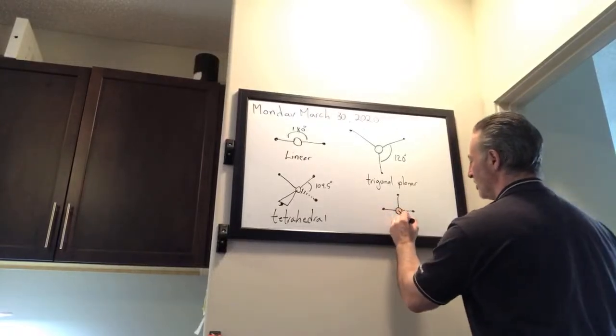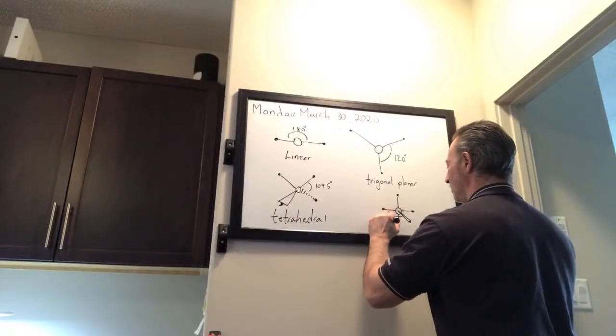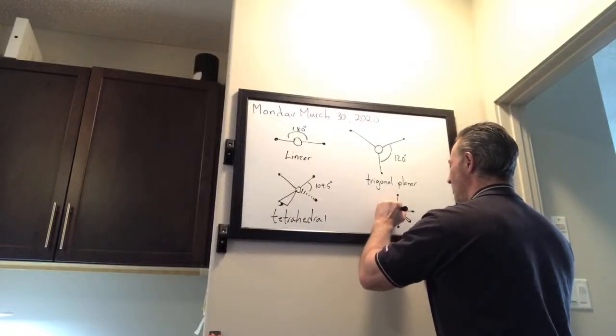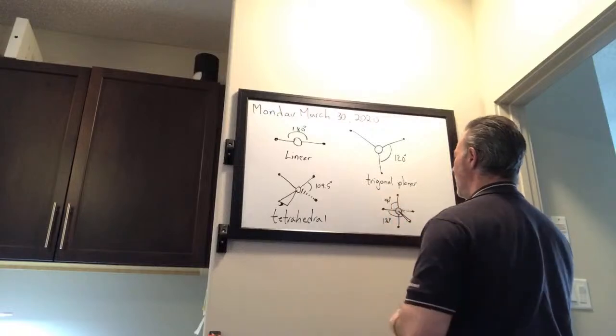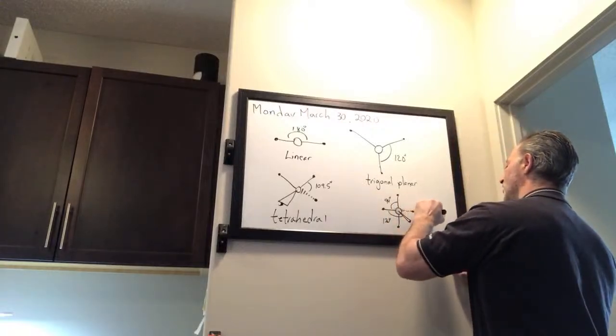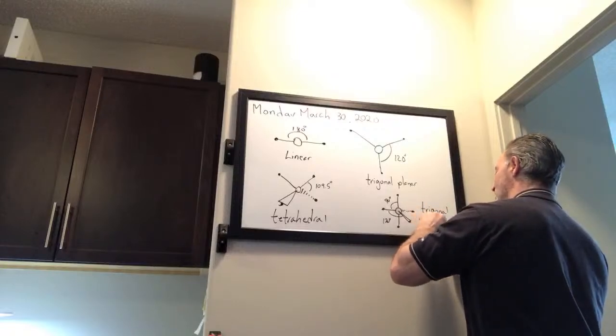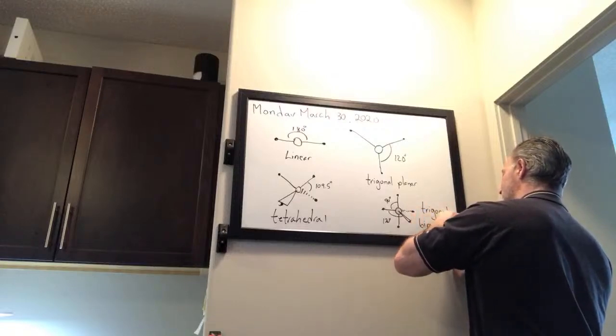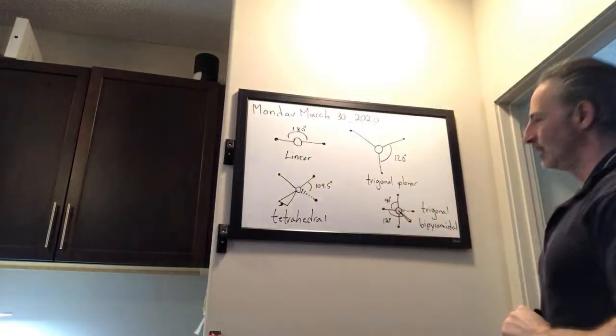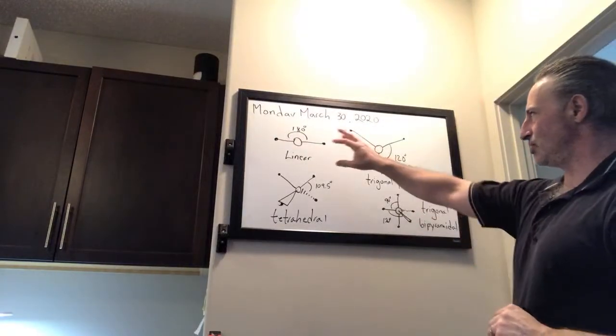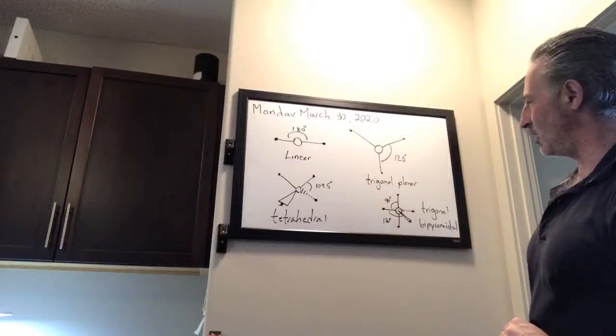So the bond angle between these two is 120, and between these two it's 90, and this is called trigonal bipyramidal geometry. So you see 2, 3, 4, 5 things stuck on the central atom.